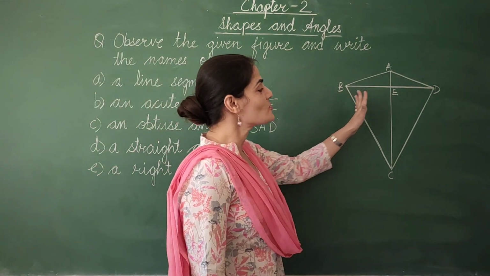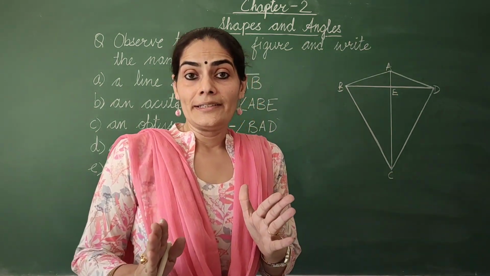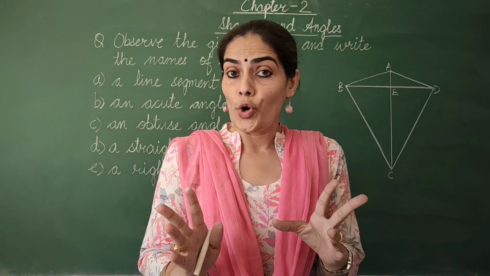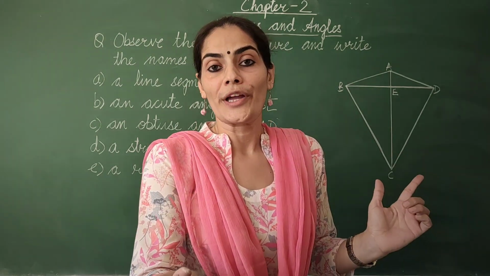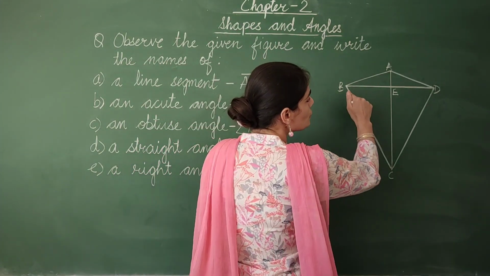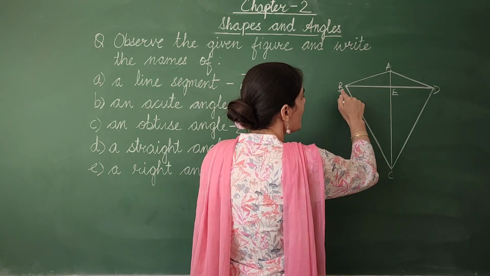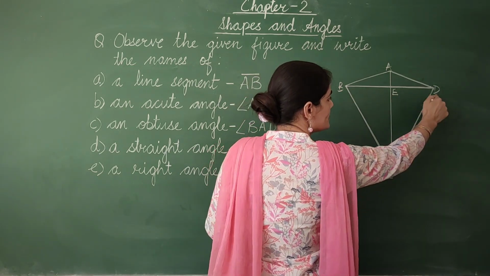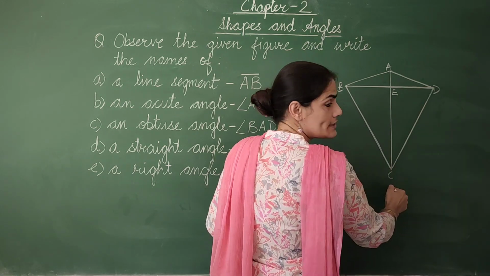Now, a straight angle. There are 2 straight angles here. You know, in a straight angle, there are going to be 3 points. One, the vertex, and the other 2 points on its arms. So, the 2 straight angles that I observe in this figure are angle BED and angle AEC.